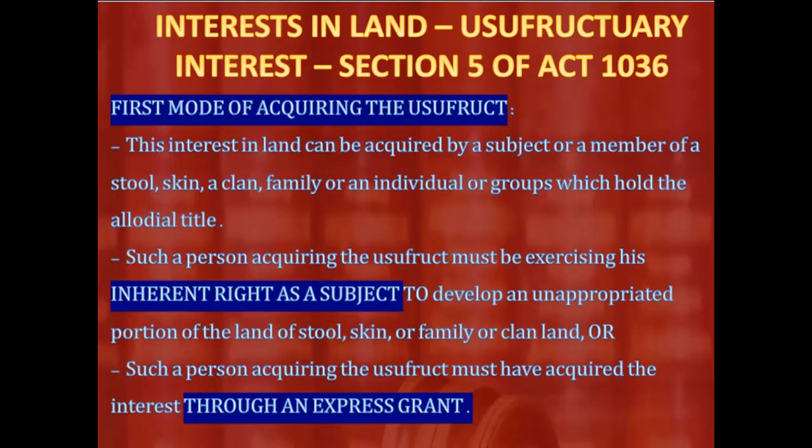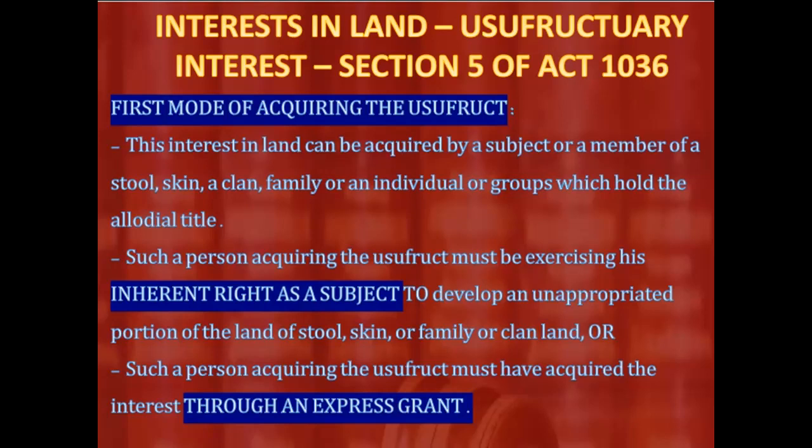Again, under section 5, we see that if it is the subject that is acquiring the usufruct, the person must be exercising his inherent right as a subject to develop an unappropriated portion of the stool, skin, or family or clan land.